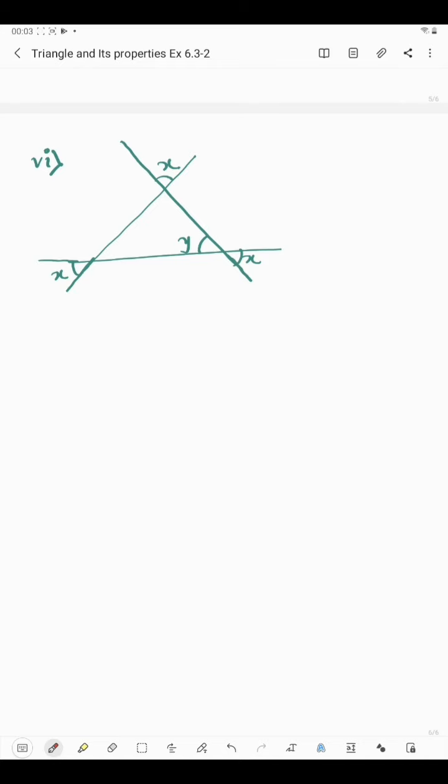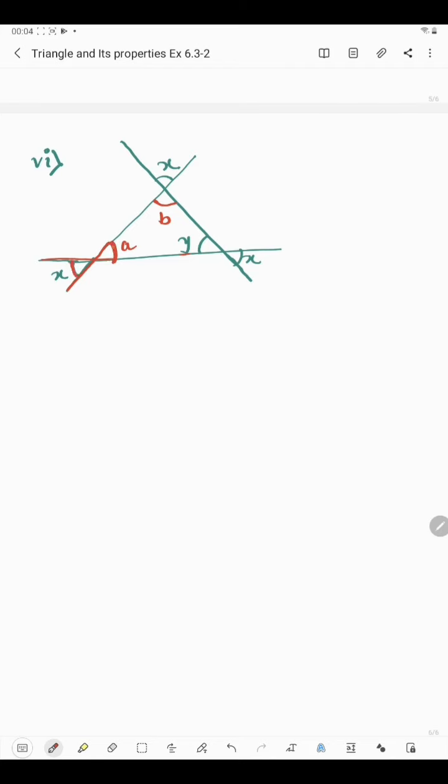Now in the last figure we have only y in the interior of a triangle. Here we don't have any angle given. So let us consider this as A and this as B. Okay. Now here we can see that these two lines cross each other. So this angle and this angle will be the same.